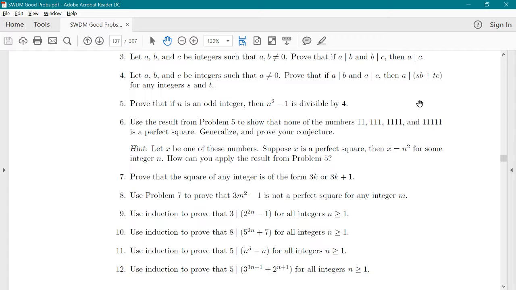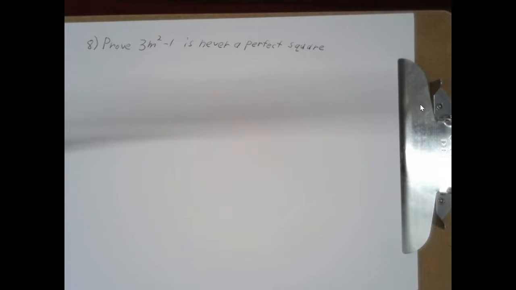So prove 3m squared minus 1 is never a perfect square. So what could we do to maybe get here?